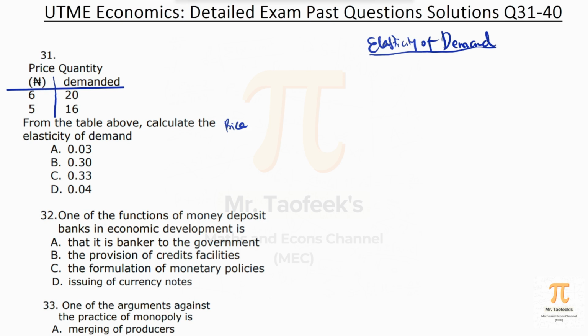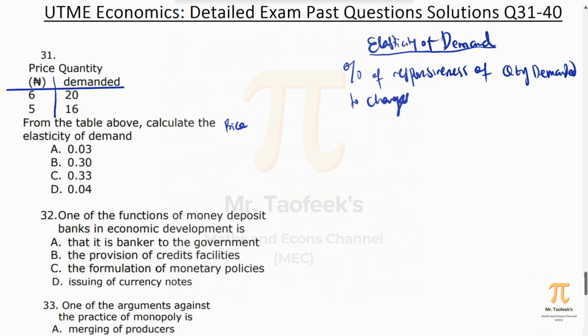Elasticity of demand is basically the degree of responsiveness of quantity demanded to changes in price or income, or price of related commodities. And that's why we have three types of elasticity of demand.